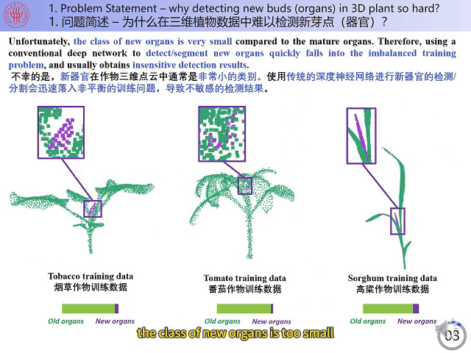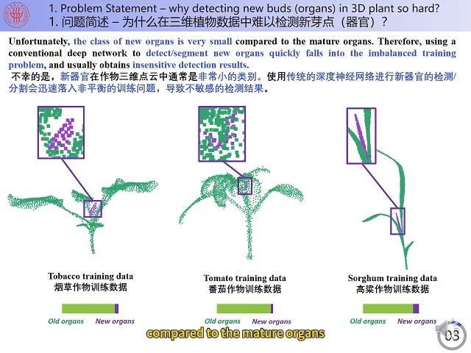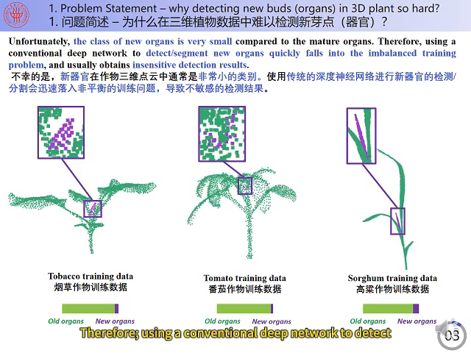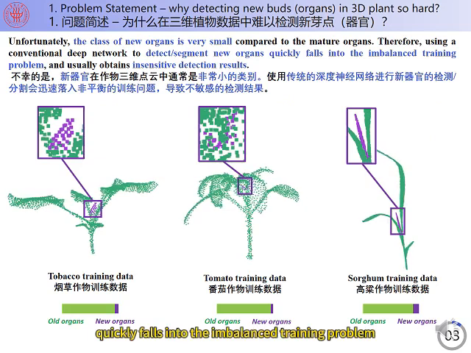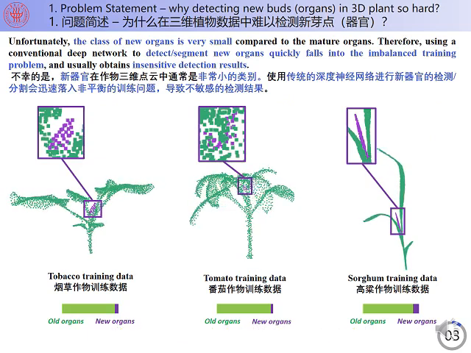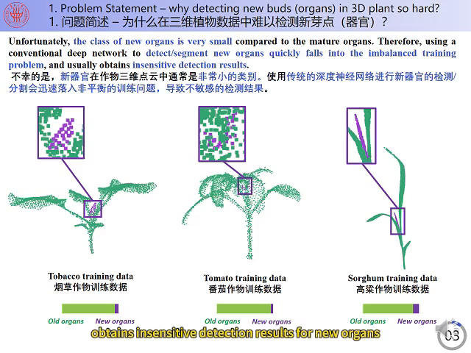Unfortunately, the class of new organs is too small compared to the mature organs. Therefore, using a conventional deep network to detect or segment new organs quickly falls into the imbalanced training problem, and usually obtains insensitive detection results for new organs.